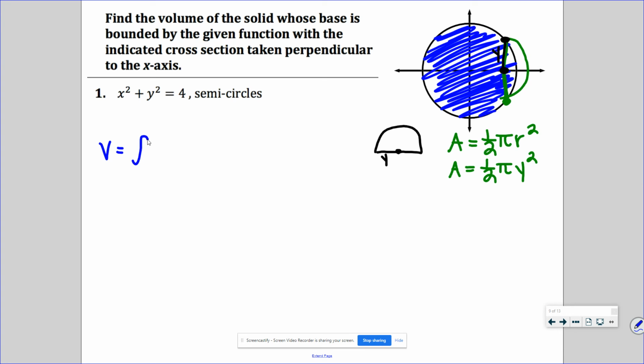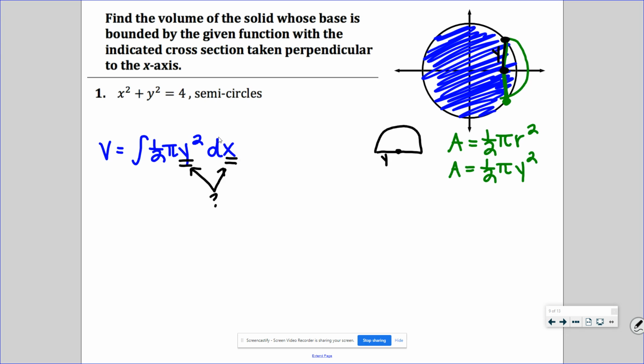So I'm going to leave the interval out of it for a moment. I'm going to say 1/2 pi times y squared. Now we drew the cross sections perpendicular to the x-axis, so this means it's going to be dx. These variables do not agree.